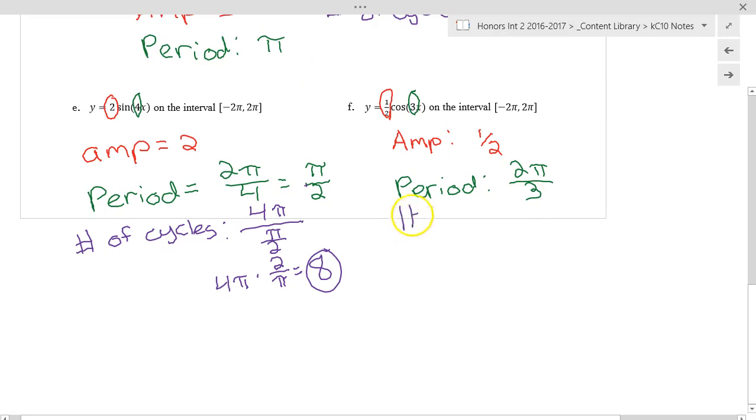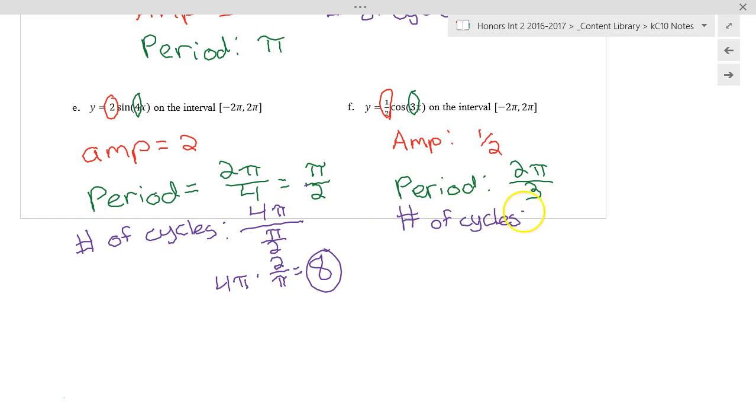And our number of cycles is, right, 4 pi divided by 2 pi over 3. Again, I'm going to flip that fraction, 4 pi times 3 over 2 pi. 4 times 3 divided by 2, you should get 6. There are 6 cycles. Okay.